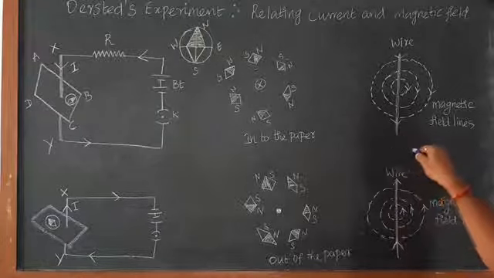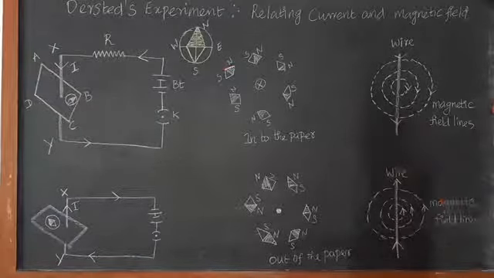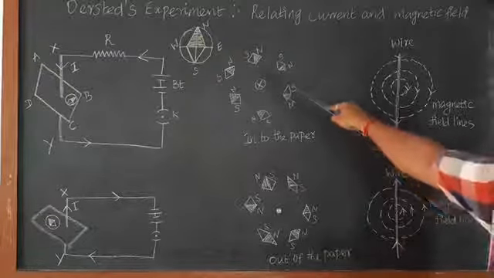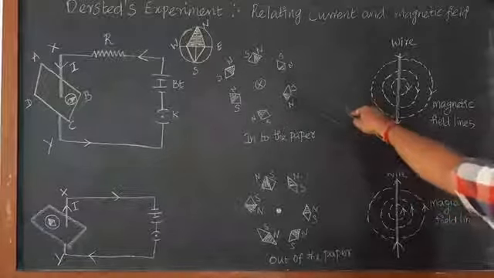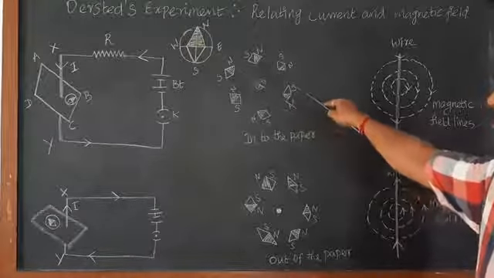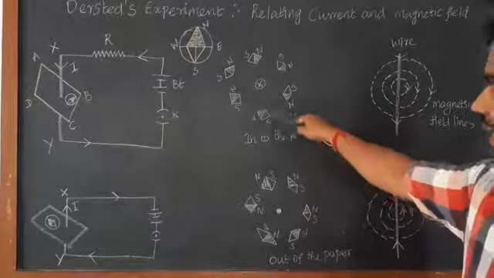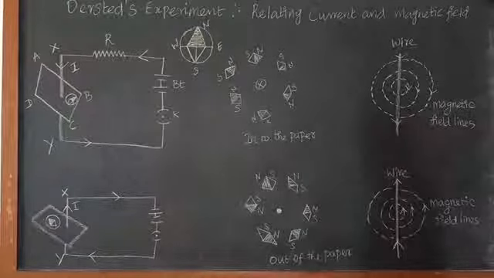If you place this compass needle here, look, all the north poles are deflecting in the east direction. So all the north poles point in the same direction, and every north pole will look like that. So for that we can draw the magnetic field direction also.